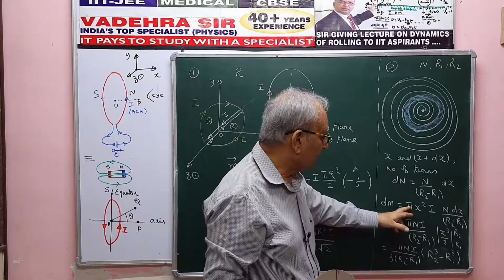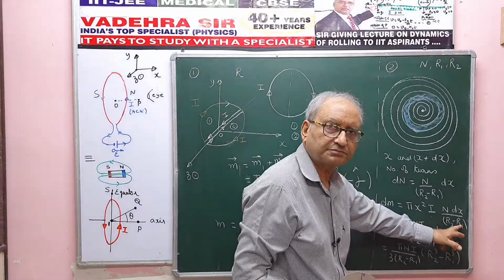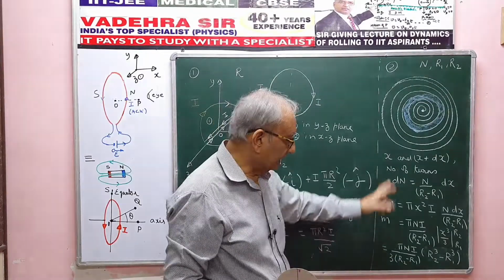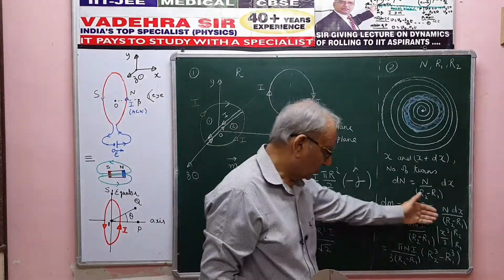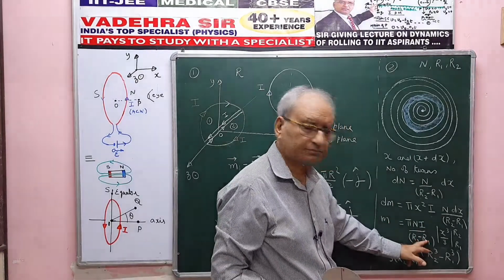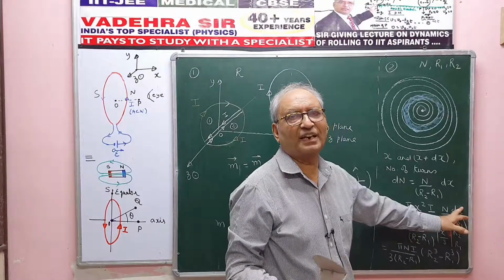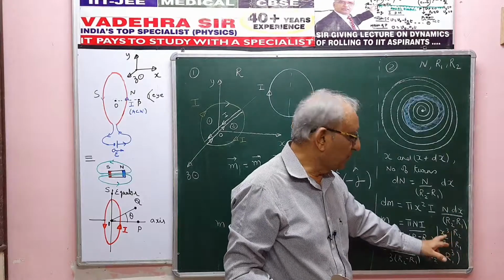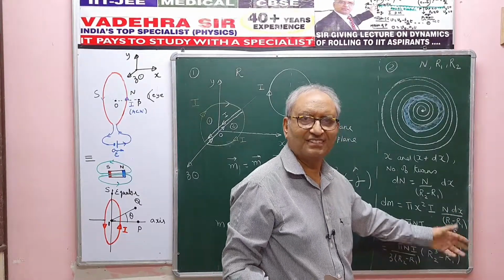So this will be pi x square I n dx upon r2 minus r1. Then the total magnetic moment, integral of this, constants I take out, pi n I upon r2 minus r1, x square dx, simple integral, x cube by 3, limits of integration r1 to r2.